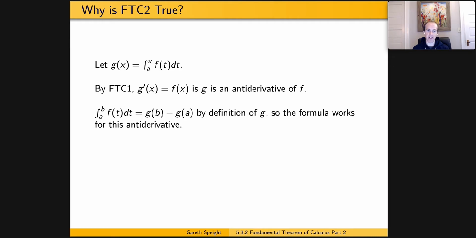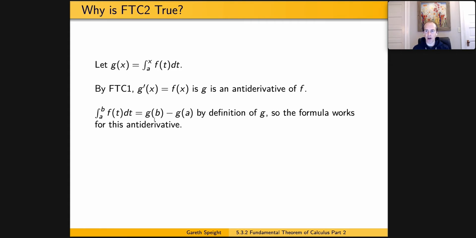So g of b is the integral up to b. g of a is just 0. It's the integral from a to a. That's going to be 0. So here we get the integral from a to b minus nothing. We just have the integral from a to b. Okay, that's the same as the left-hand side. So here the left side and the right side are equal just automatically by the definition of g. So the formula that we want works for this particular antiderivative.